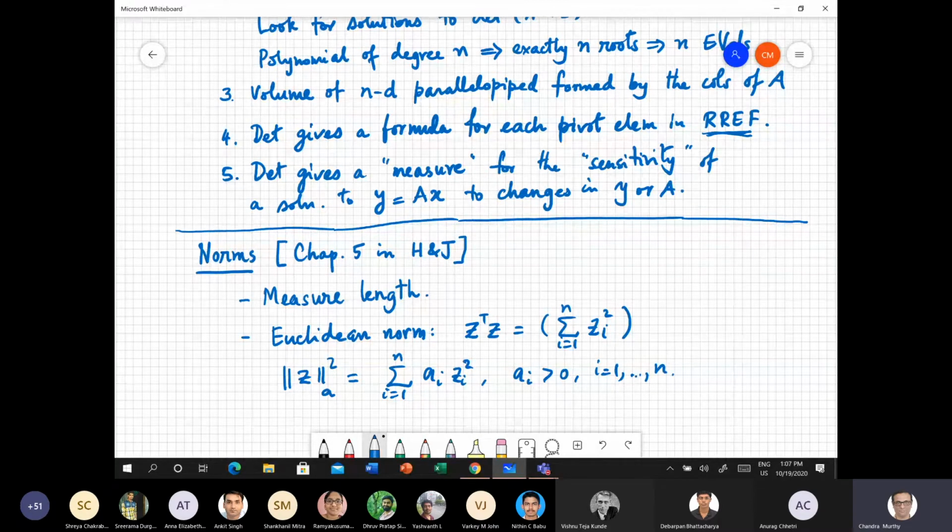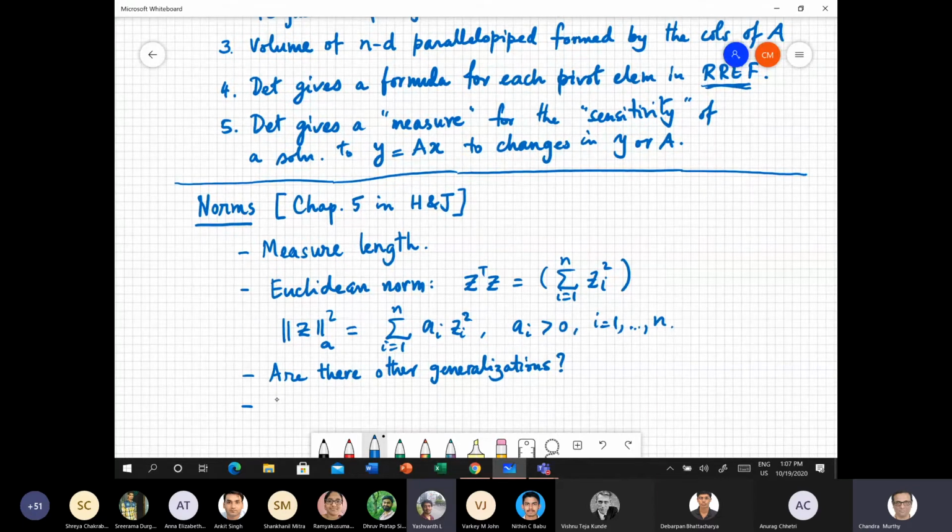We'll see in just a few minutes that this is also a valid definition of the norm of a vector. And a question that we'll answer is, are there other generalizations? And also, how does one extend this to somehow measure the size of a matrix?